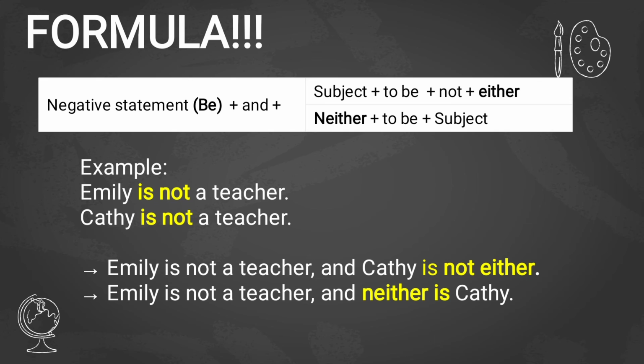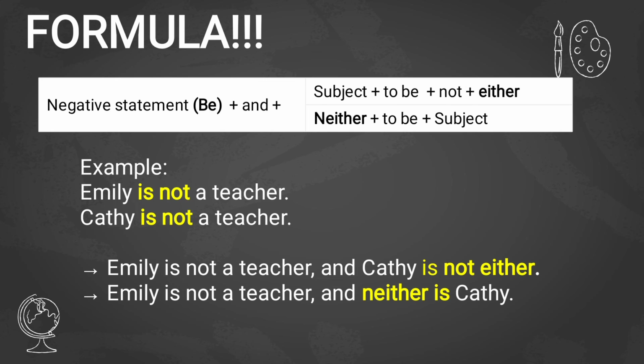If you want to use the word either, you have to notice that the to be will be in a form of negative. Jadi kalau pakai kata either nanti to be-nya akan negatif. And then if you want to use neither akan diikuti dengan to be bentuk positif baru subjeknya.